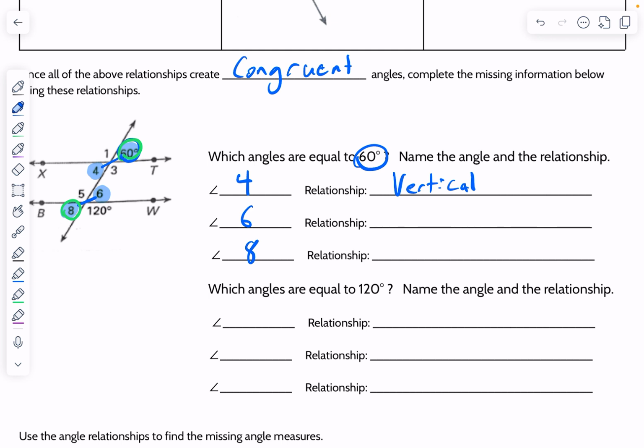But we're talking about in respect to 60 degrees. If we're at 60 degrees, what relationship is the 6? That would be called the corresponding angles. Corresponding. And then last, angle 8, with respect to 60, 60 to 8. That would be alternate exterior.